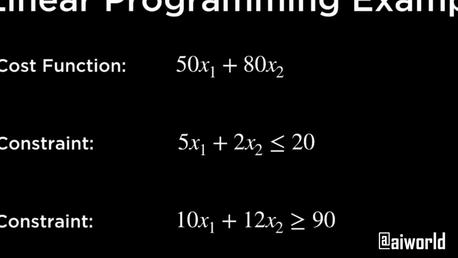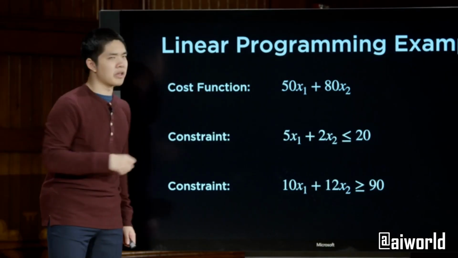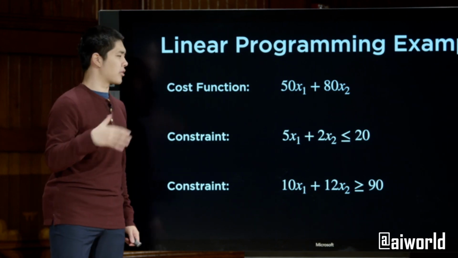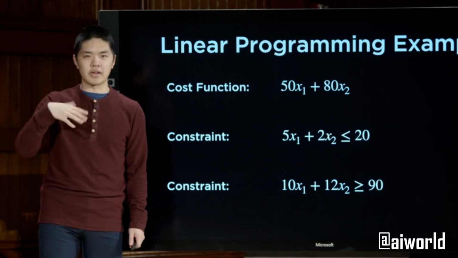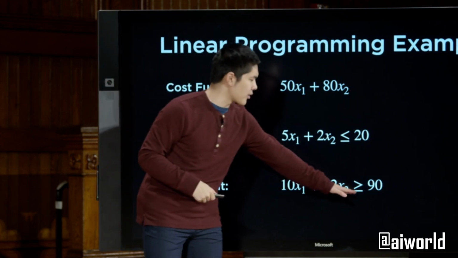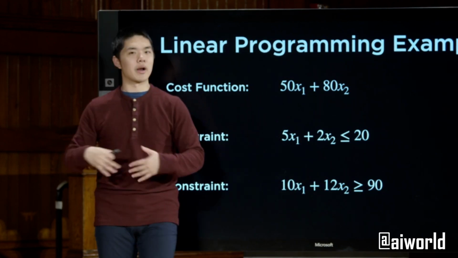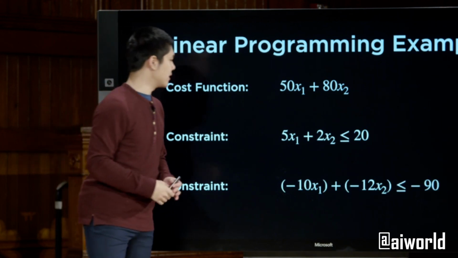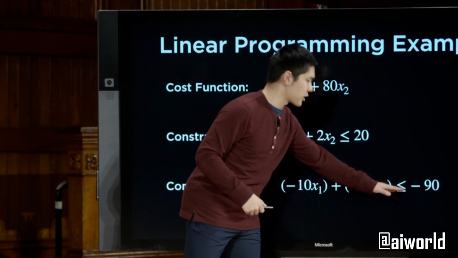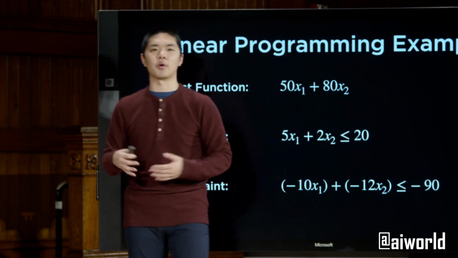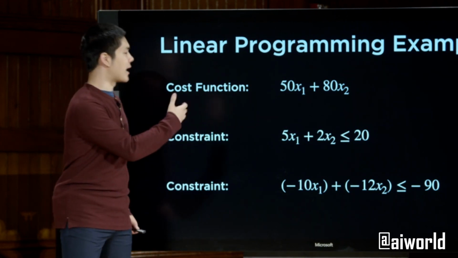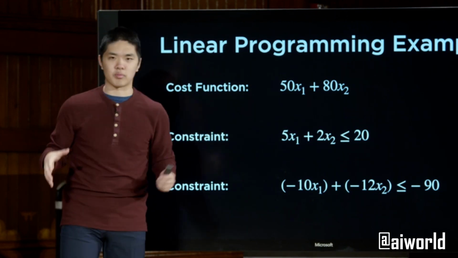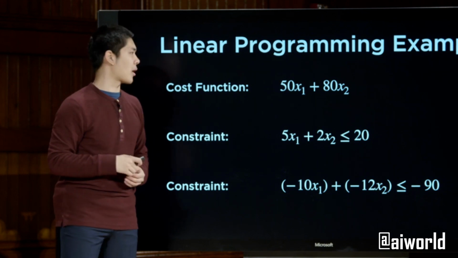And if you recall from my formulation before, I said that generally speaking in linear programming, we deal with equals constraints or less than or equal to constraints. So we have a greater than or equal to sign here. That's not a problem. Whenever we have a greater than or equal to sign, we can just multiply the equation by -1, and that'll flip it around to a less than or equal to -90, instead of a greater than or equal to 90. And that's going to be an equivalent expression that we can use to represent this problem.